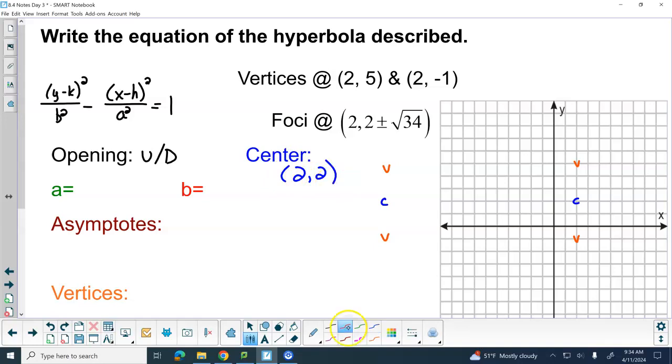Also tells me that my b value is right there, and that's going to be 3. With me so far, just off of all of that?